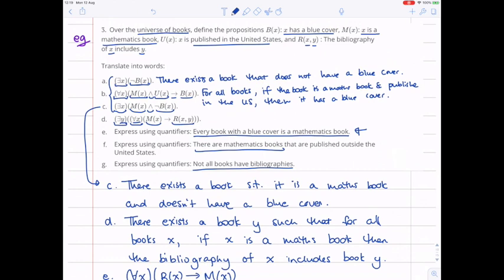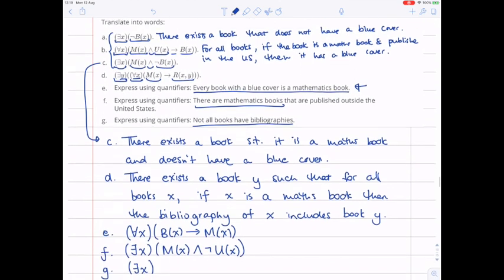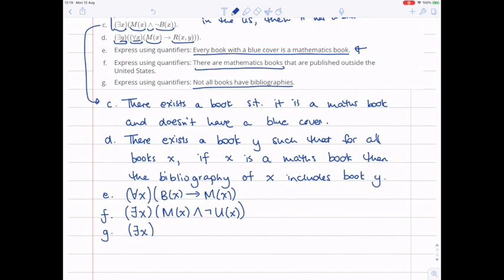Now, for a bibliography, we have a statement that R(x, y) means the bibliography of x includes y. So if we want to say a book doesn't have a bibliography, we want to say that it doesn't include any other books in its bibliography.